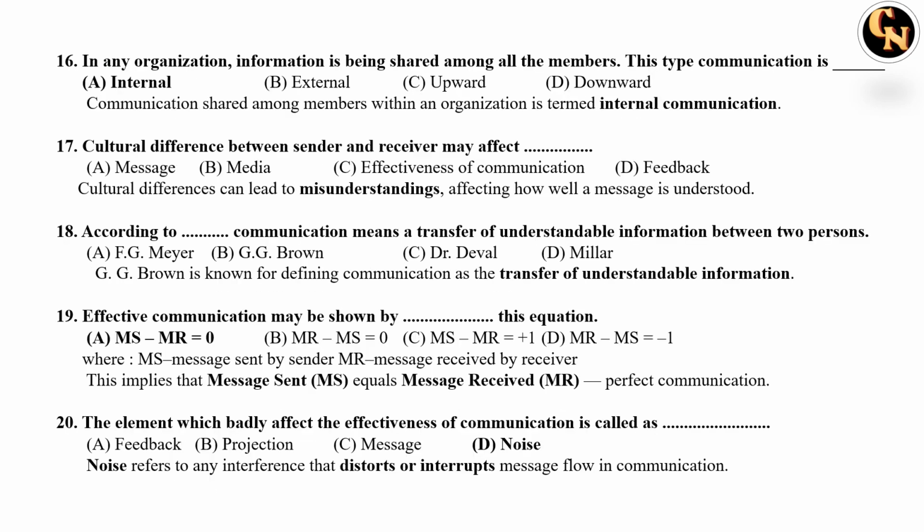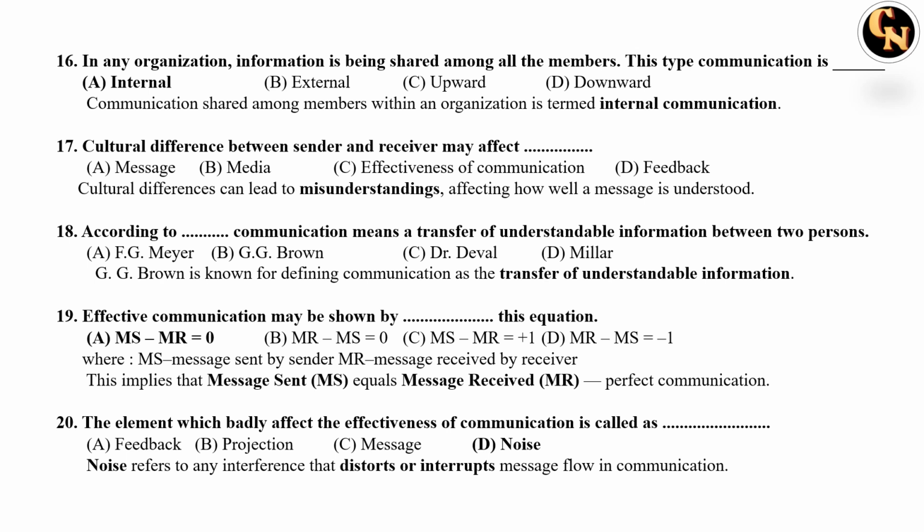So the next one is, in any organization, when information is being shared among all the members, this type of communication we call internal communication. Why? Because, for example, in an institute like a college, teachers communicating among themselves is known as internal communication, or the principal communicating with the non-teaching or teaching staff, again it will be called internal communication.